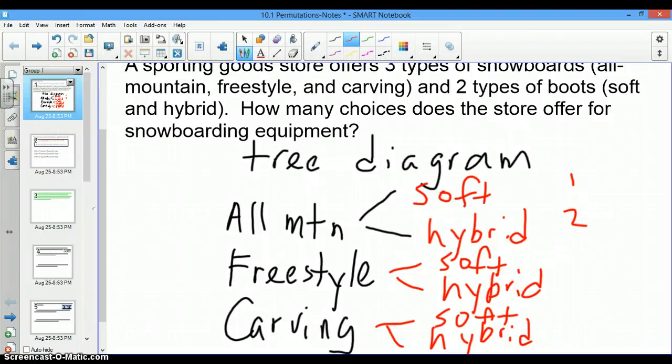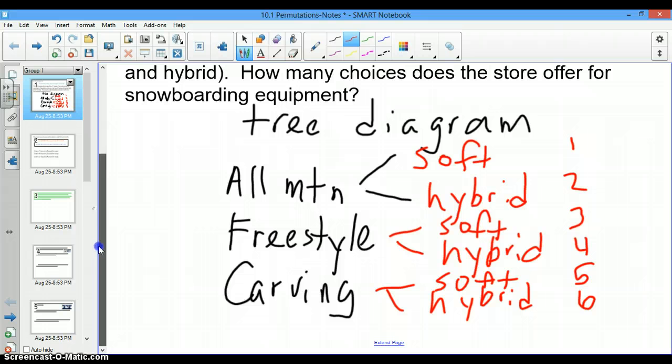You get a freestyle snowboard and soft boots. That could be your 3rd choice. Freestyle and hybrid would be your 4th. And carving, you could have a soft and carving or a hybrid boot. So here there are 6 different choices that you could have when you go into a store to buy 1 snowboard and 1 pair of boots. So you could have 6 choices.